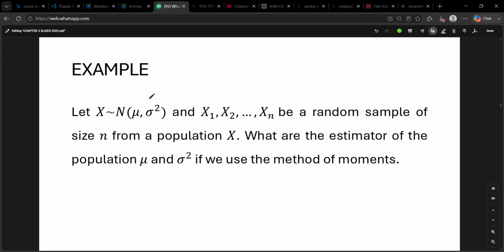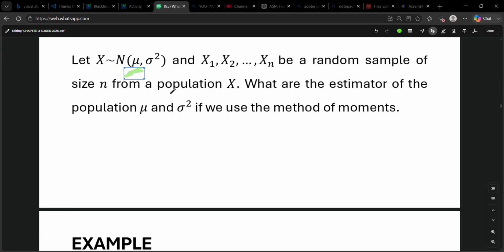What are the estimators of the population mean and variance? If we use the method of moments, we know that the mean is equal to x bar, and the variance is equal to 1 over n, the sum of xi minus x bar, all squared.